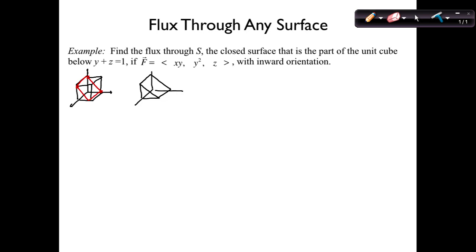So did you have that before I did it? Hopefully. All right, so if we're talking about the flux through the closed surface, what will that mean for the solving process?